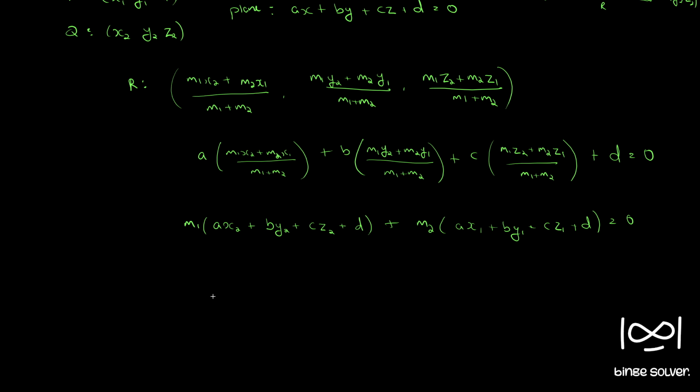Or we can say that m1 by m2 is nothing but minus of (ax1 plus by1 plus cz1 plus d) by (ax2 plus by2 plus cz2 plus d).